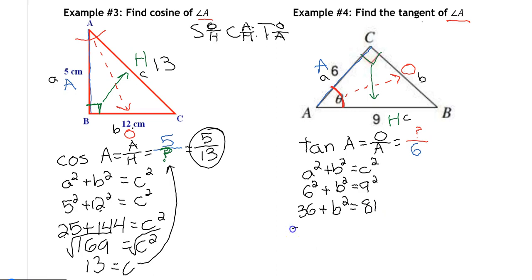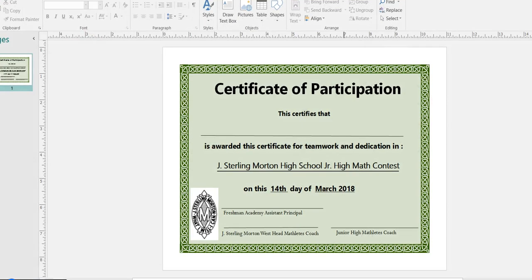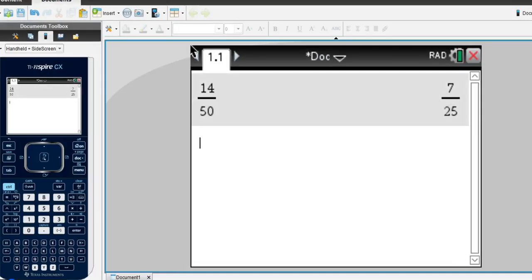I'm going to subtract 36 from both sides. So I'm left with B squared equals 81 minus 36. We get 45, I believe. 45, yes. Okay.